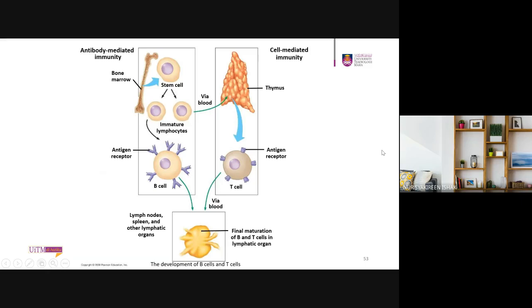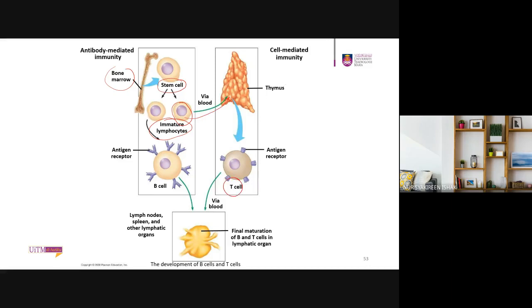So if you look at this diagram, okay, antibody mediated immunity. So kalau tengok kat sini, okay, so you have your bone marrow. Inside the bone marrow, you have the stem cell. So the stem cell matures into immature lymphocyte. It becomes immature lymphocyte.